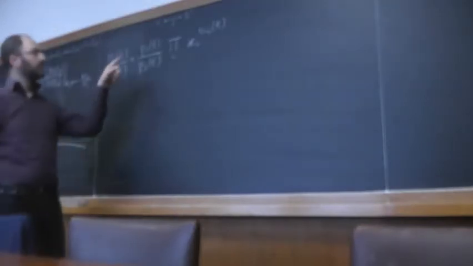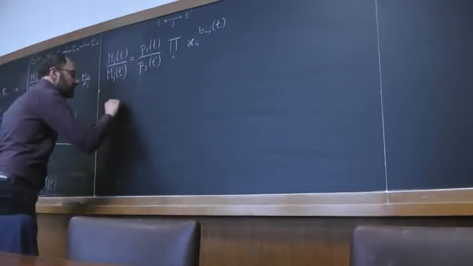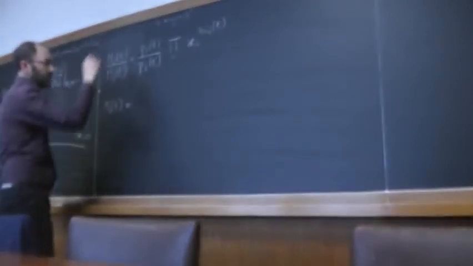Okay. Of course, since the two monomials m_{j,t} and m_{j,t'} are relatively prime, we can reconstruct m_{j,t}.